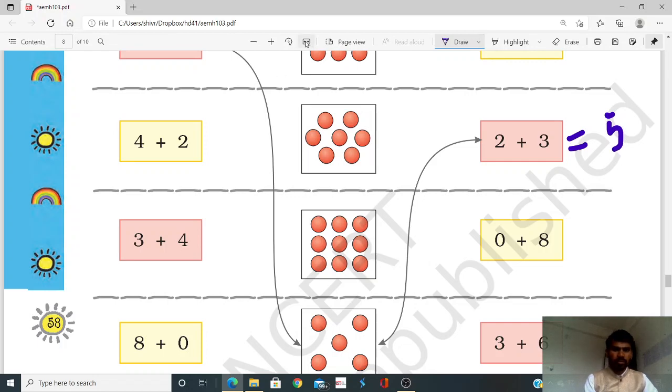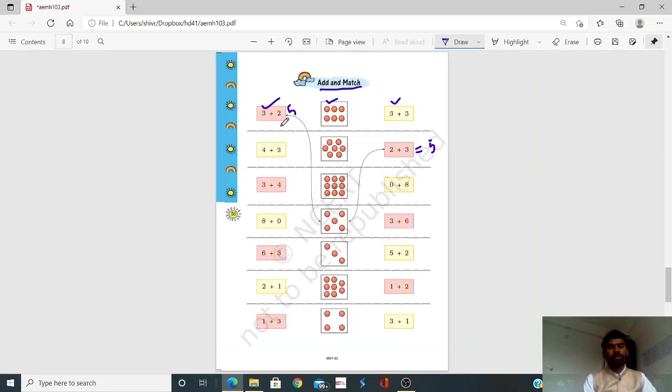Okay, 5, and in which box can you see 5 circles? Here you can see, and this is already given, here are 5 circles, 1 2 3 4 5. Therefore this is completed. Now 4 plus 2 is equal to 6.